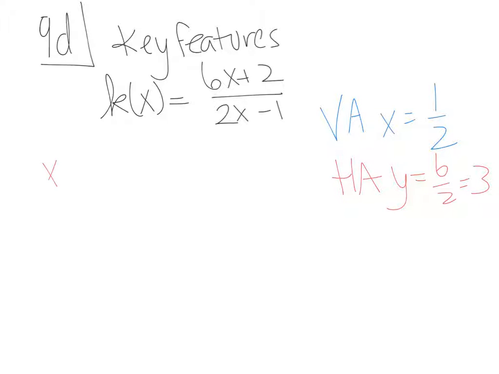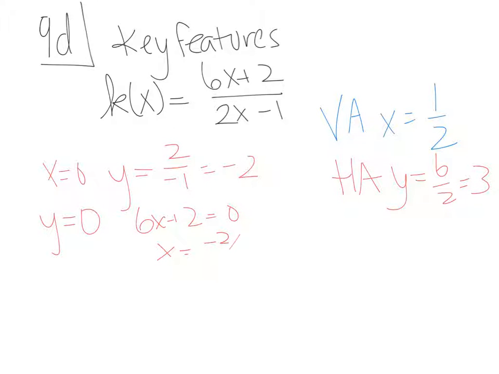If I let x = 0, then y = 2 over negative 1, which equals negative 2. And if I let y = 0 to find the x-intercept, I get 6x + 2 = 0, x = negative 2 over 6, or negative 1/3. So that's my x-intercept. Good luck.